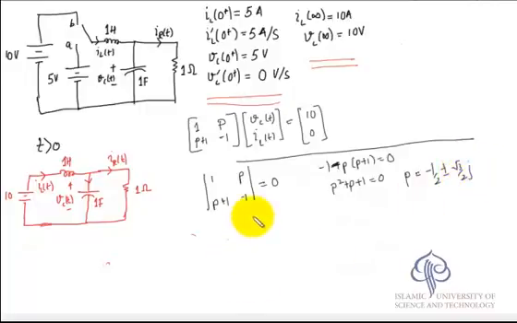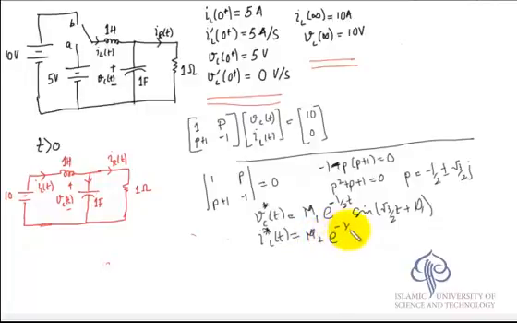So the complementary function part, which is part of the solution, we can write as v_C*(t), is going to be m1 e to the power minus half t sine(root 3 by 2 t plus phi 1), where m1 and phi 1 are to be determined, and i_L*(t), again a star because this is only part of the solution, the complementary function only, is going to be m2 e to the power minus half t sine(root 3 by 2 t plus phi 2).